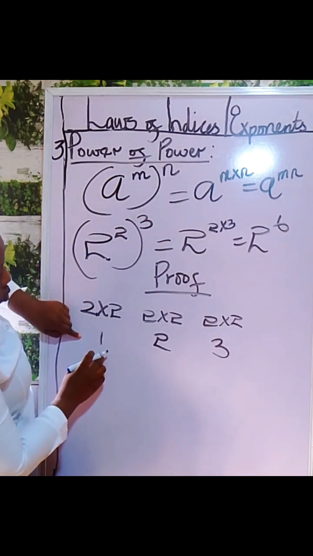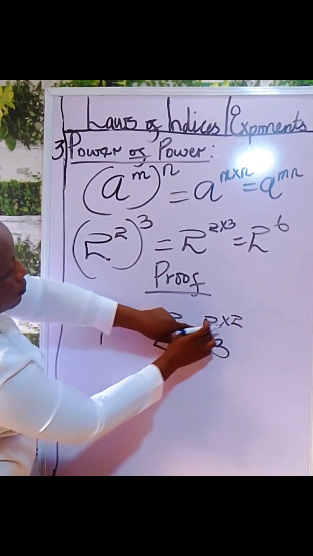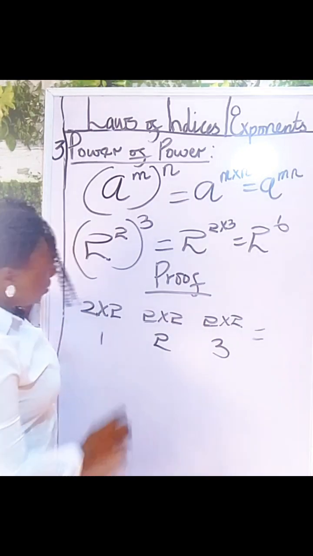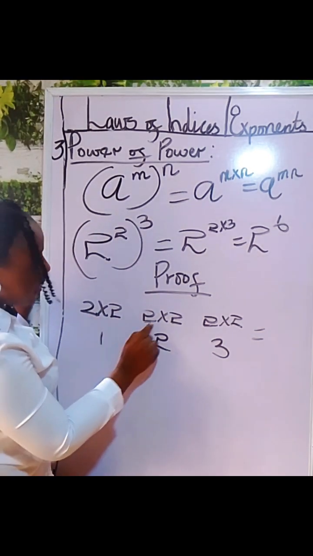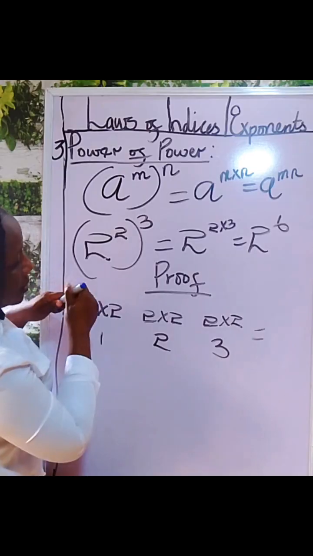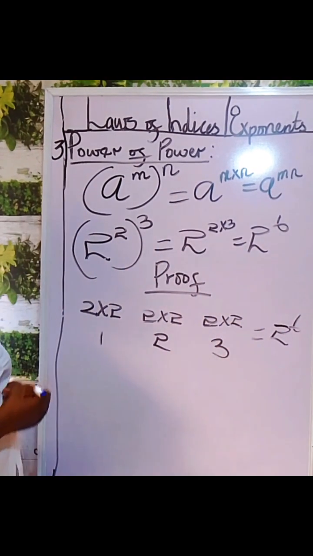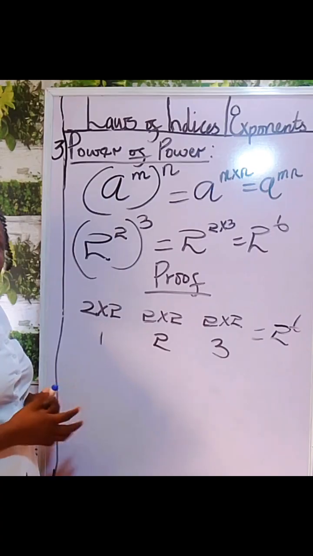That means 2 raised to power 2, 1. 2 raised to power 2, 2. 2 raised to power 2, 3. We have done that. So that means 2 squared, 2 squared, 2 squared. How many 2's was it raised to? 1, 2, 3, 4, 5, 6. That is 2 raised to power 6. Are you seeing? That is the proof.